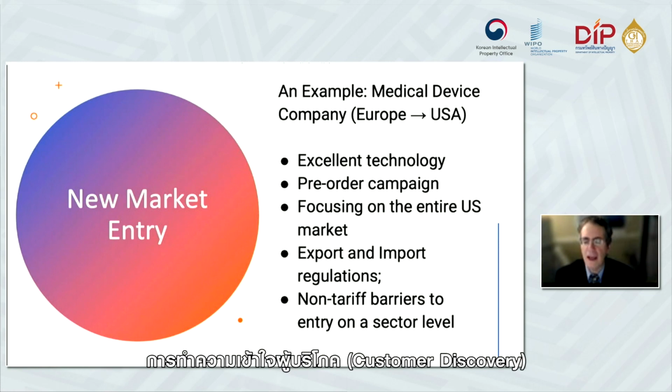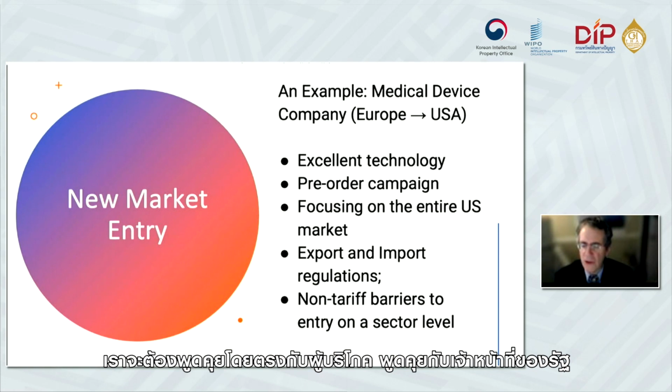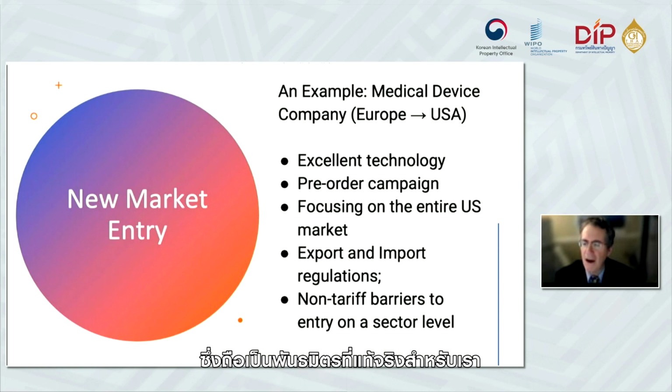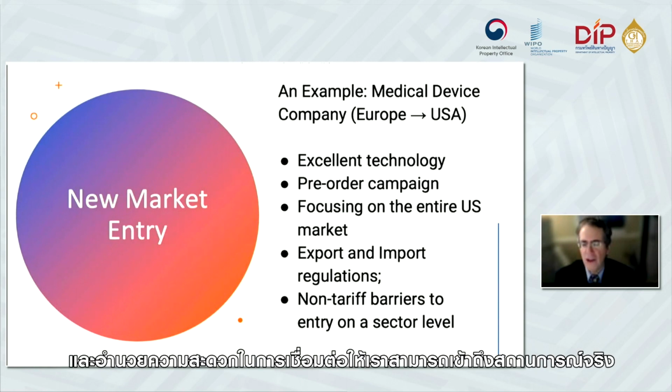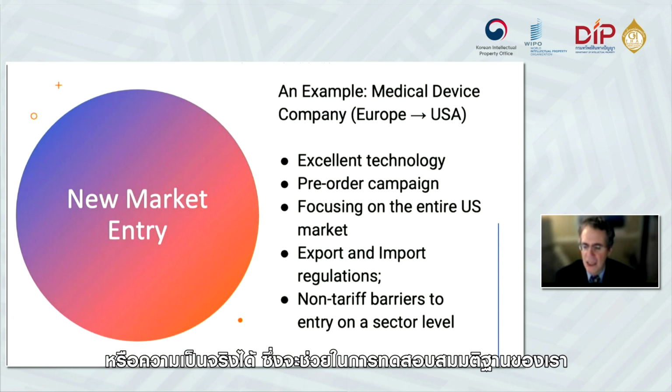And so through the discovery, we're going to talk to customers. We're going to talk to government people who are real allies for us in identifying people to talk to, okay, and facilitating some of those connections that give us some inside access to what the real situation is, what the reality is, on the ground.